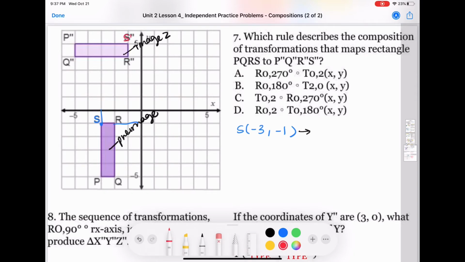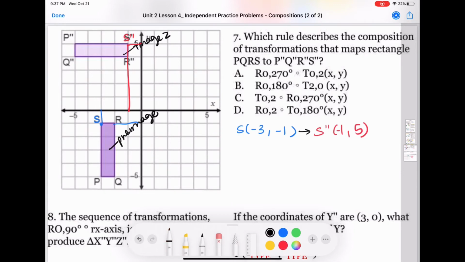So we'll look for S prime, which is located at -1 and 5, sorry. And so what we want to do is identify which of these composition rules will allow us to get from our S vertex at -3 and -1 to our S prime vertex at -1 and 5.